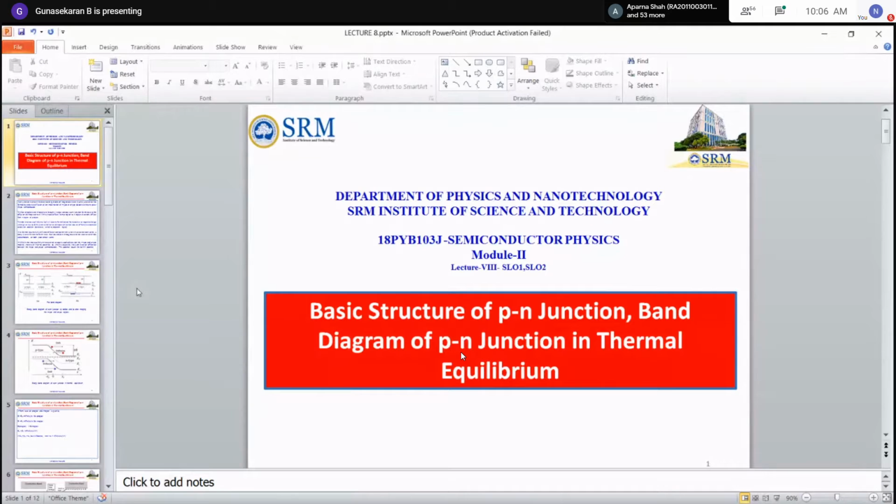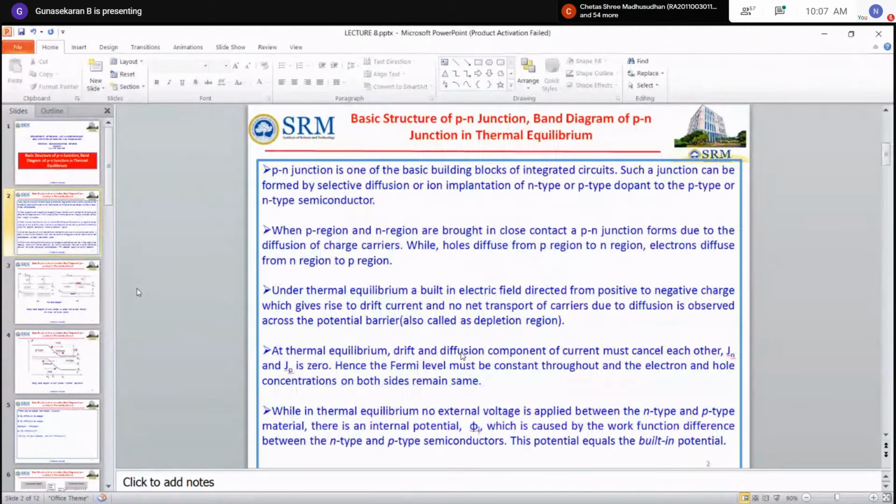Now, once the P type and N type materials are formed, initially they form the junction first. That is the first step. They form the PN junction. That is the basic building block of today's integrated circuits.